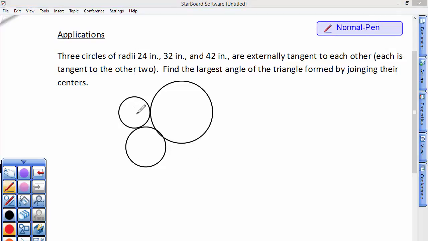So this one has a radius of 24 inches right here. And then this is the large circle, so I go way over here, and that's got a radius of 42 inches, for a total of 66 inches there. So this is going to be 24 inches here, and the radius of this one is 32 inches, and those total to be 56 inches.